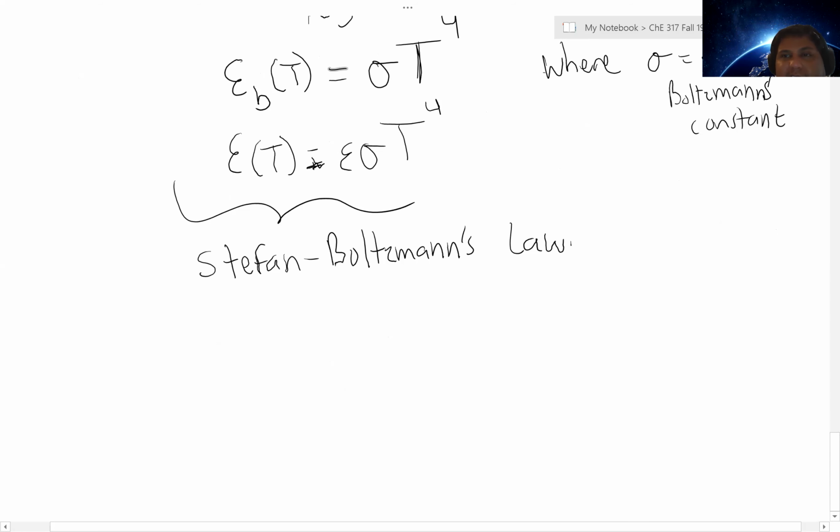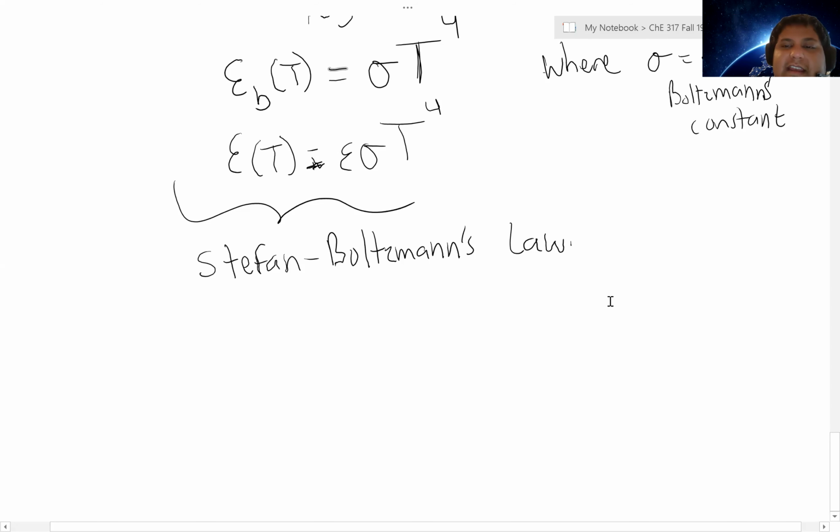Now, this gives rise to what we discussed earlier in our Q rad equation as the application of Stefan-Boltzmann's law. What we look at most often is the relative radiation emission, which means I can have an object at, let's say, 300 Kelvin and an object at 400 Kelvin. Both objects are emitting radiation to each other. However, what we're most interested in is, well, if we're looking at radiation emission in particular, what is the net radiation emission between the two objects?